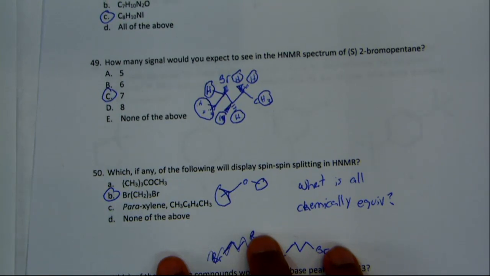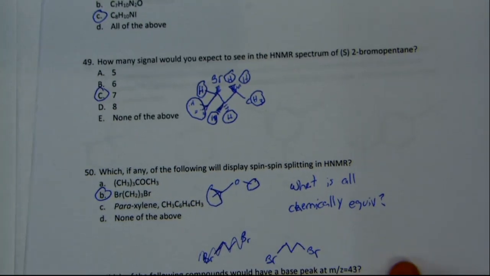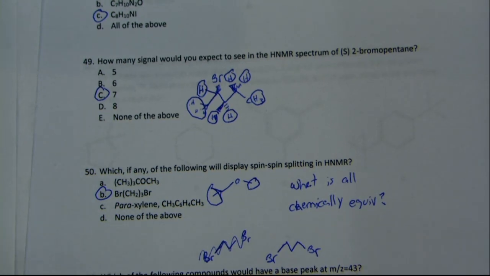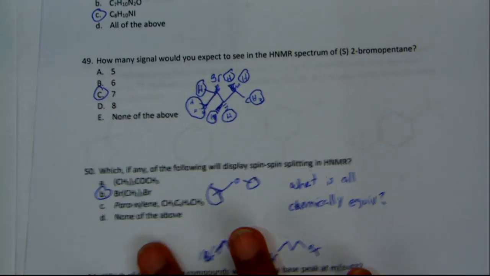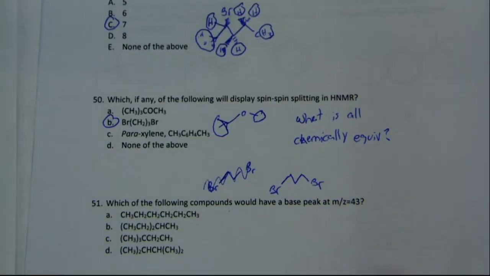I did circle B though. Yeah. So I guess it's asking for symmetry. We'll come back to this. Is that okay? The answer actually is B, but I messed up the explanation. Okay? So we'll come back to this one.